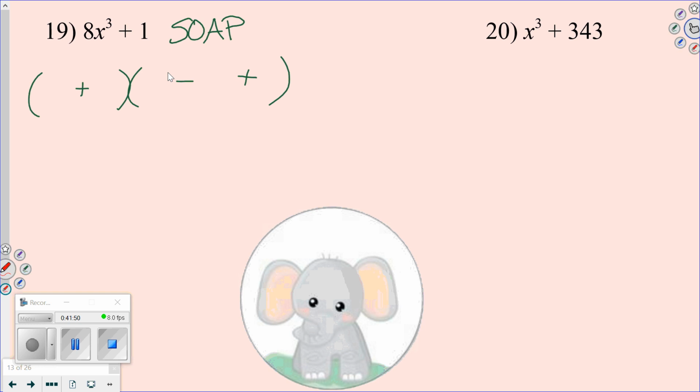Math 4. Math is right underneath the green button, and then option 4. So what is the cube root of 8x cubed? 2x. Don't lose your variables. And then what is the cube root of 1?